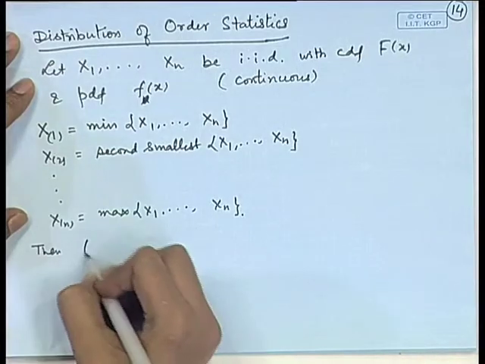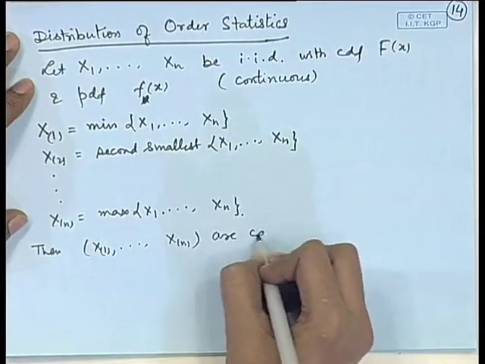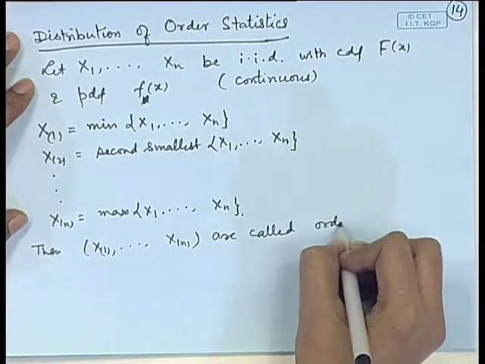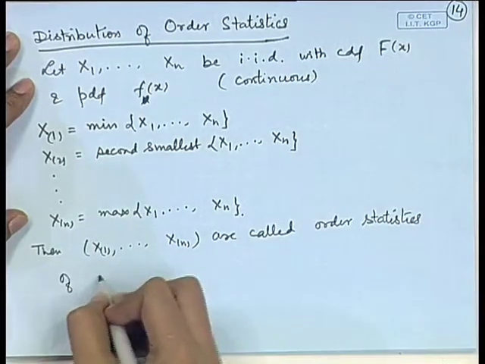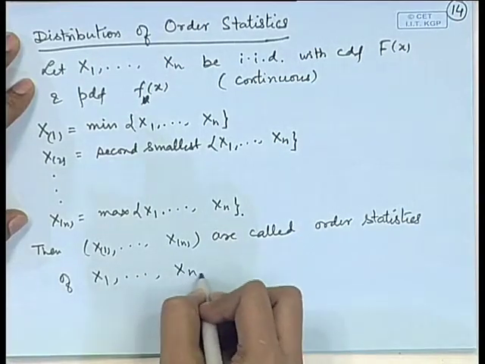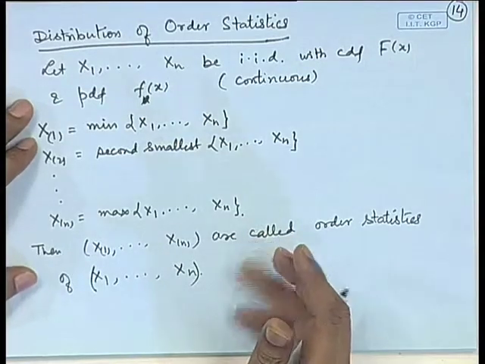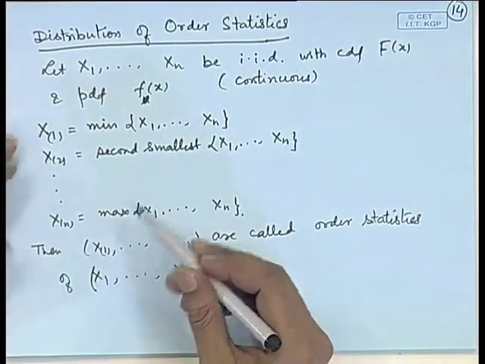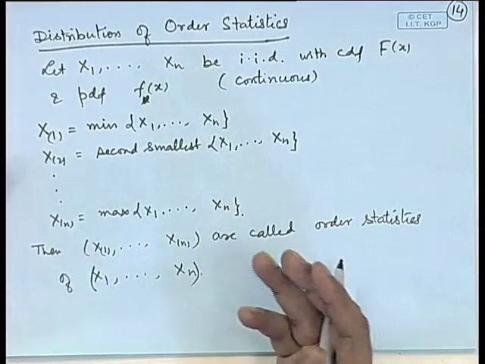Then X(1), X(2), ..., X(n) are called order statistics of X1, X2, ..., Xn. In many practical aspects, the order statistics are quite important. For example, the raw observations may denote the marks by the students, but we may be interested in the ordered observations, that is, who is getting the highest marks, who is the second highest, etcetera.